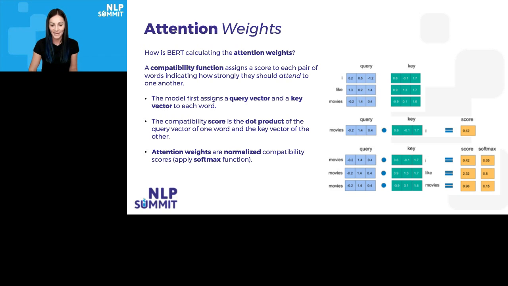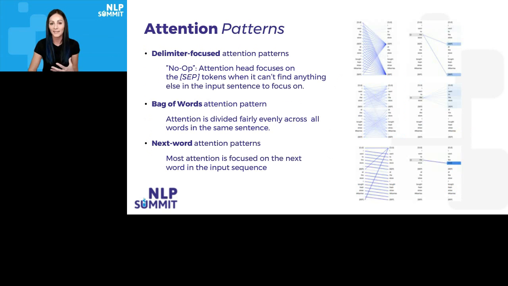All right, so now as we understand it a little bit better, how can we now understand why BERT is making certain predictions? And here's just an example of attention patterns. So when we visualize now in the next step, we will see that there are certain patterns that might come up regularly. Some of them are maybe that a lot of the attention focuses on the delimiters, on the separators.